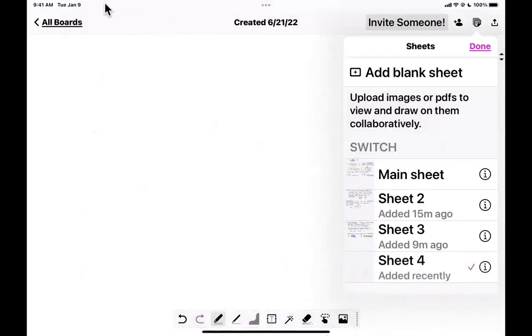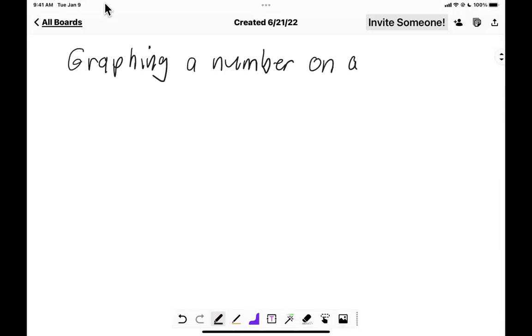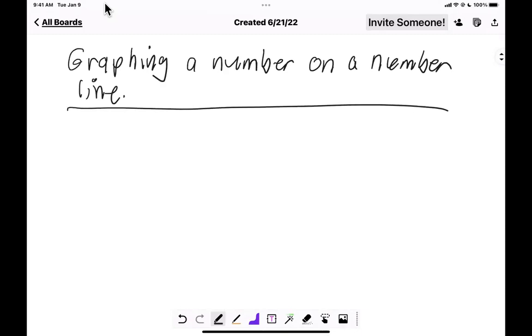All right, so there is one other way we can represent fractions, and that's with the number line. Graphing a number on a number line. So it's another way to visualize a fraction.